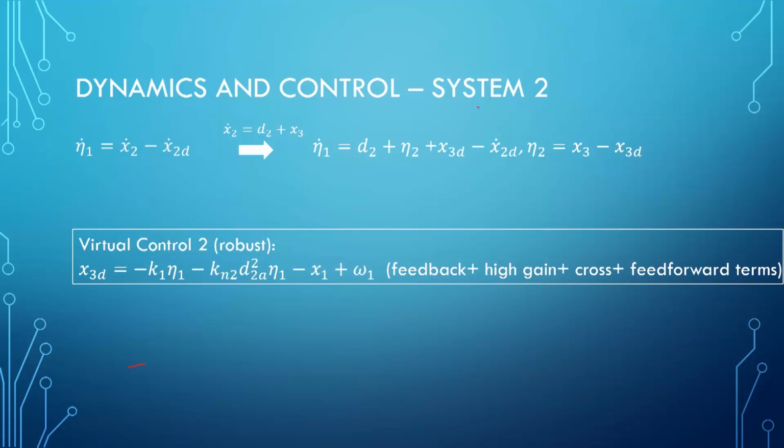And x1 is cross terms, to create cross terms, to cancel out with the cross term in another system. And omega 1 is the nonlinear terms. Okay, and it's a bit complicated. So we will see. And you will see why omega 1 equals this in a few minutes.